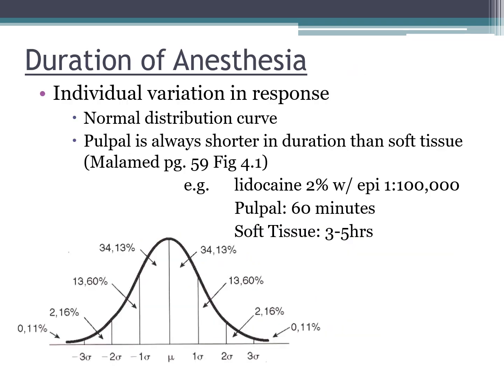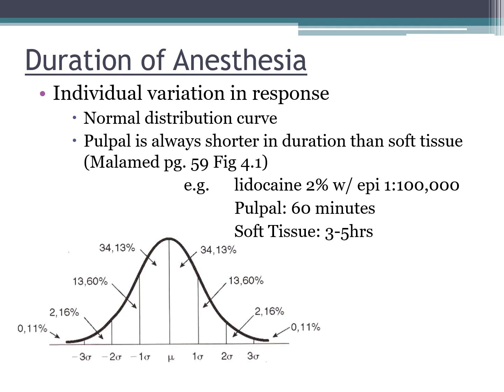Duration of anesthesia. Of course, every individual varies in their response to local anesthesia. Some people are quickly anesthetized, and others are not quickly anesthetized, and it takes a longer time. So here is a curve. This is the normal distribution curve.